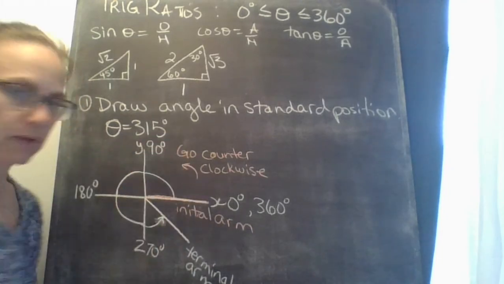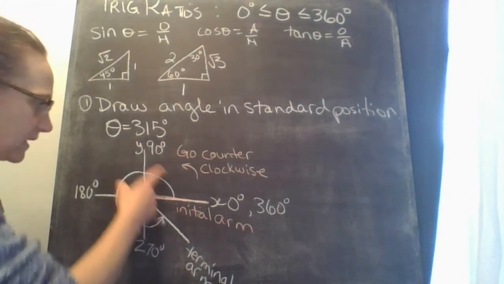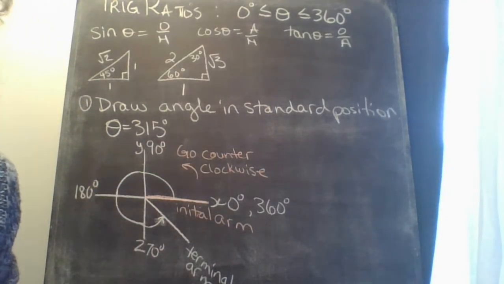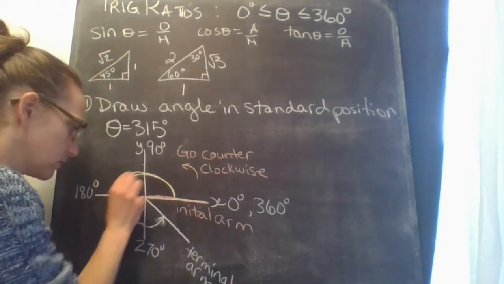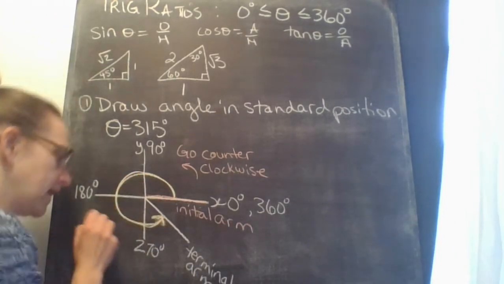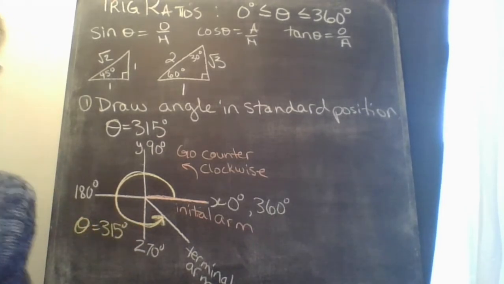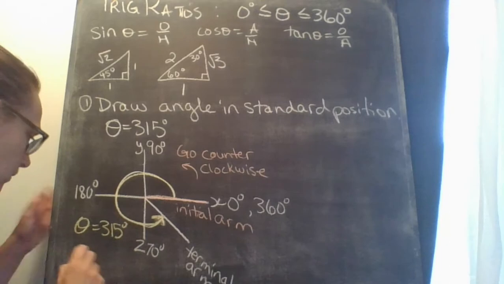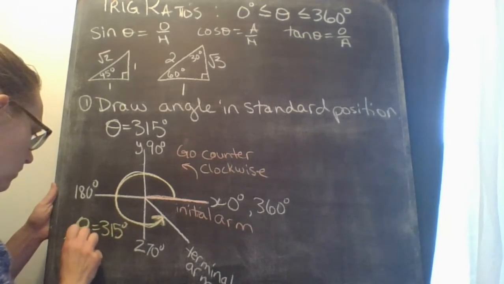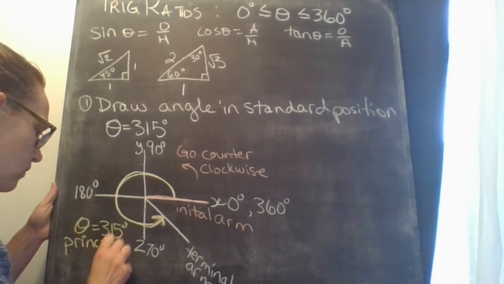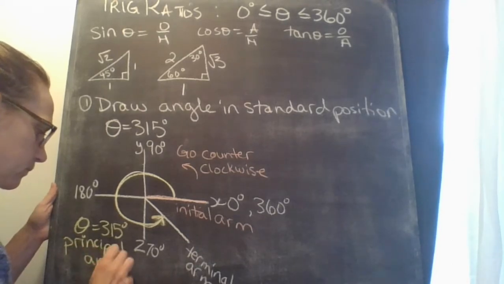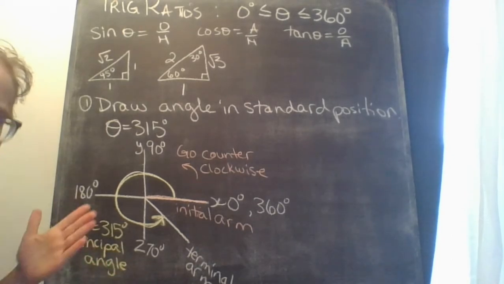So that's going that way around. And this angle here, the angle that we just drew out, that's my theta. Okay, so there's my principal angle that we're talking about. Principal because it's the one we're talking about.